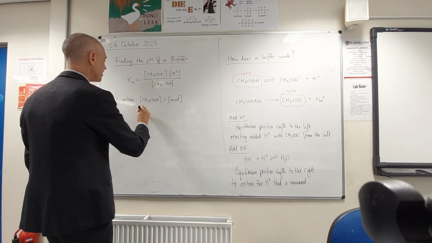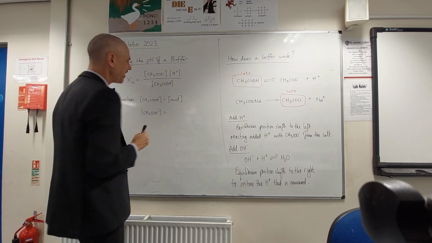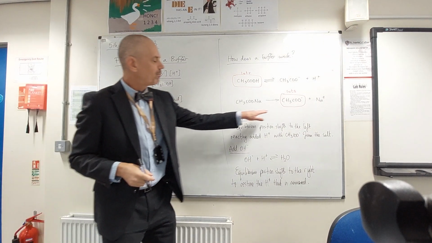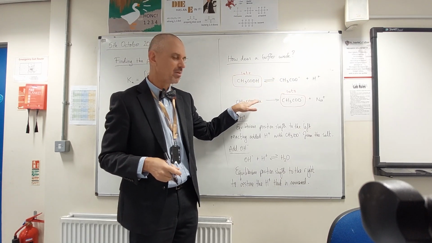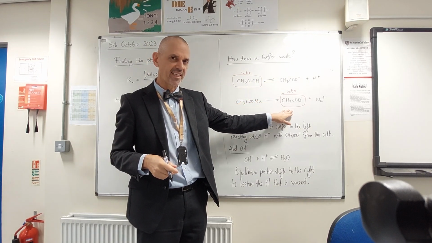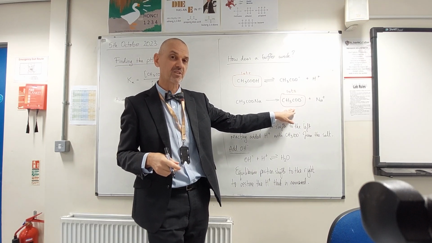The other assumption is about the concentration of ethanoate ions. The acid dissociates very little, but the salt dissociates completely. So most of the ions in solution are going to come from the salt.